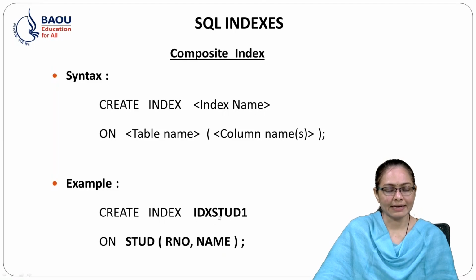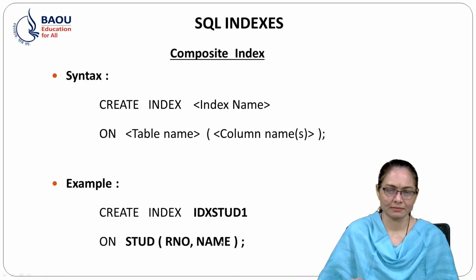So idx_stud1 is the index name, and this index is created using a combination of both roll number and name from the student table. This is one single index, but it uses both columns. When we use more than one column, it is called a composite index.